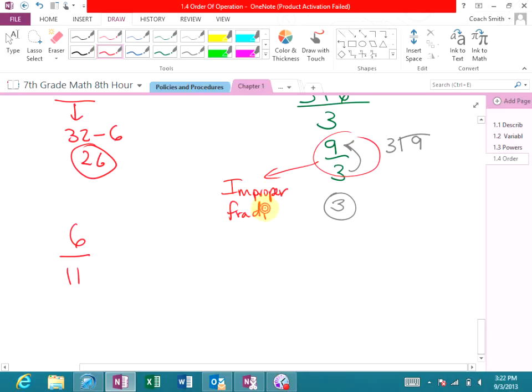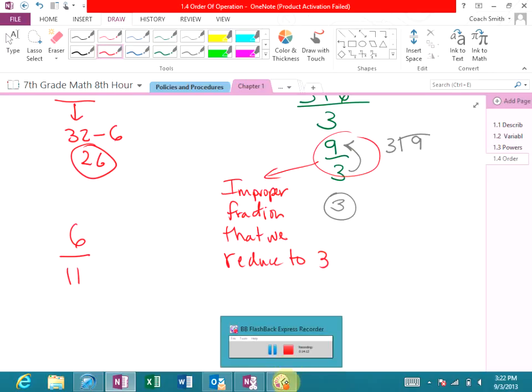That's just an improper fraction that we reduce to 3. Okay? All right.